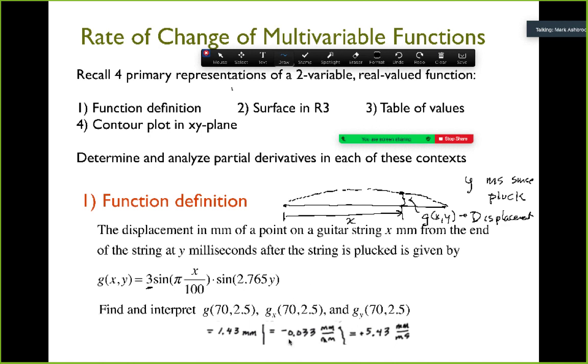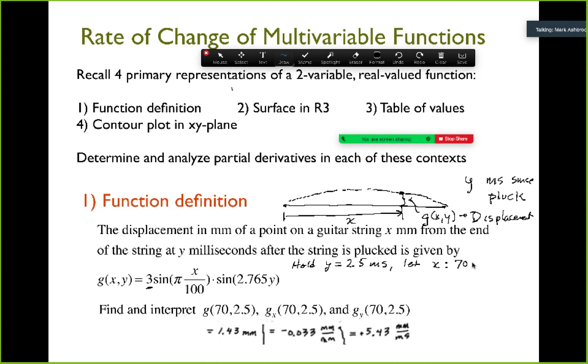What does this mean for y? It's only true for when y is 2.5 milliseconds. Right. So we're going to hold y at 2.5 milliseconds. We're not going to change y. We're going to let x change, starting at 70.